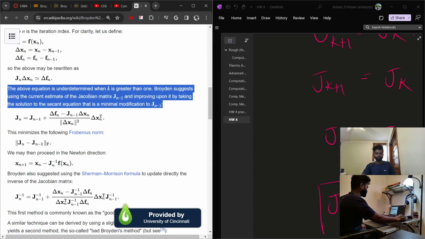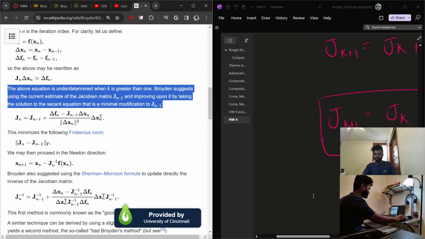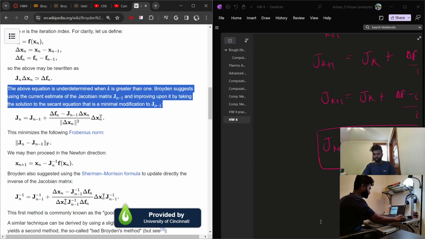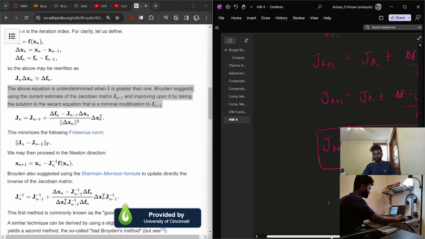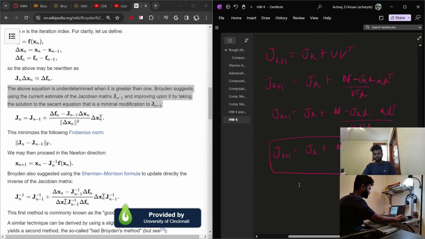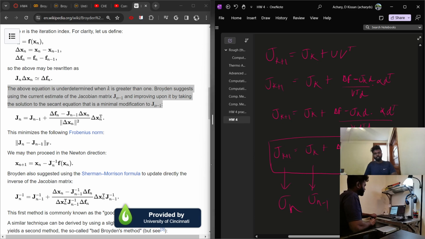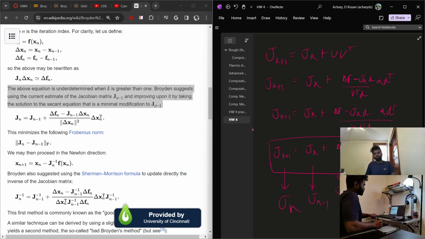As you can see, they have J_n equal to J_{n-1} plus delta f minus J_{n-1} delta x, times delta x transpose, over the magnitude of delta x squared. So we are able to prove this.